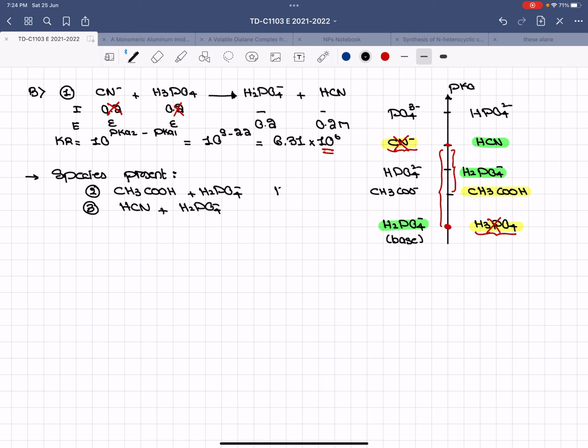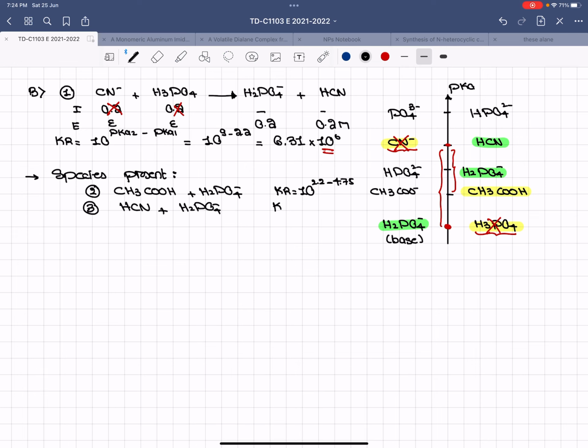Anti-gamma means Kr will equal 10 to the power of small pKa minus large pKa. So it's basically 2.2 for H2PO4 minus and 4.75 for CH3COOH, given what they gave you.